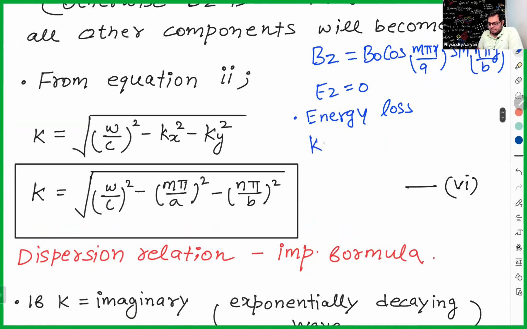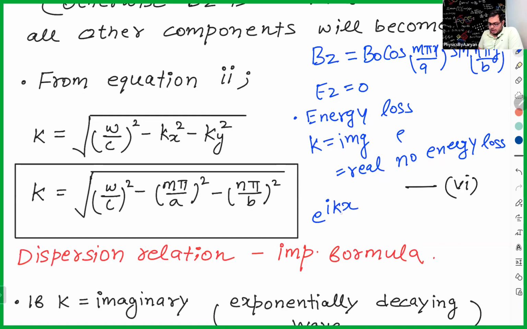If your k is imaginary, then energy loss happens. And if your k is real, no energy loss happens. So if your wave number is real, for example, e raised to iota kx, it is an oscillating wave.